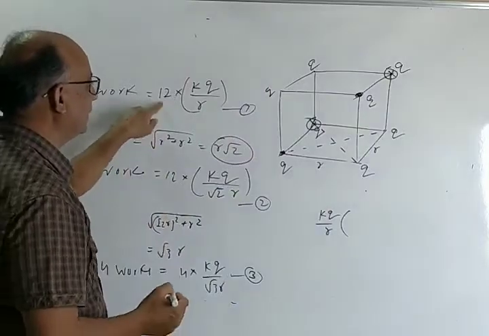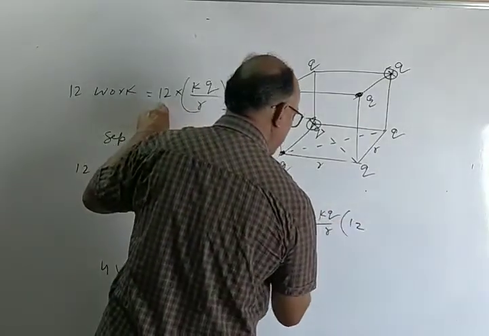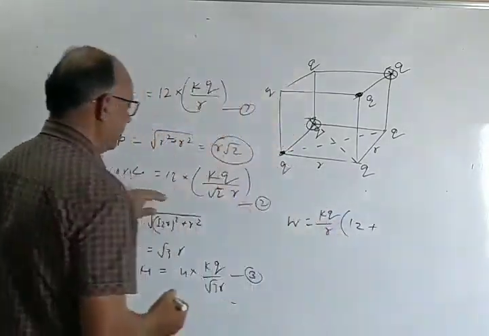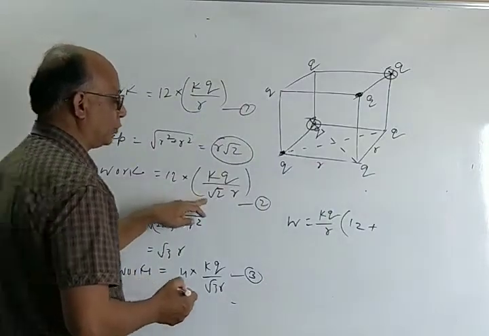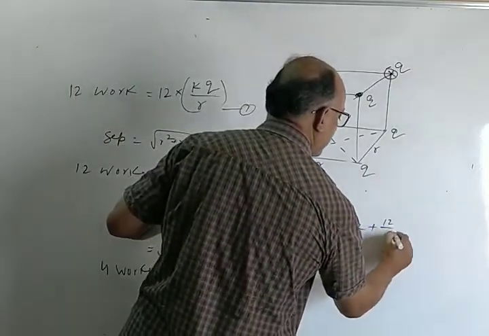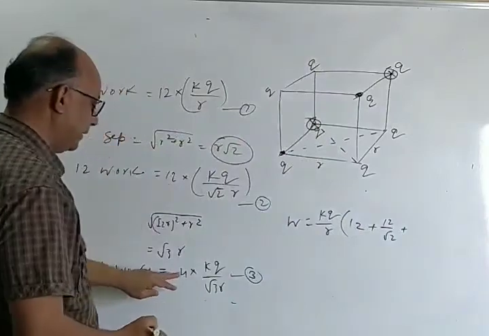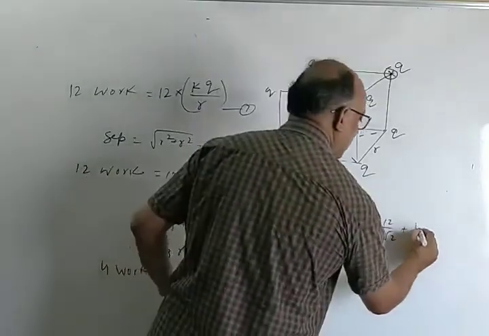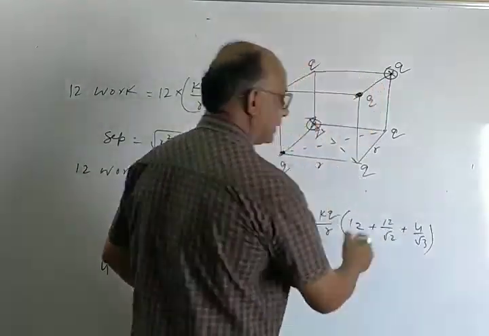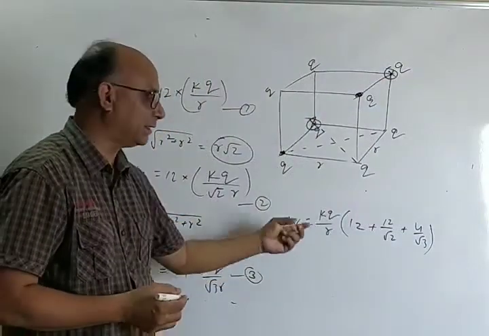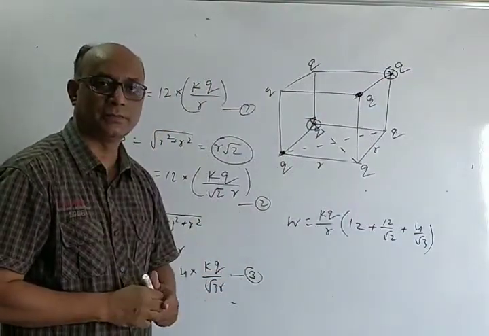What is left is here 12, plus what is left here is 12 upon root 2. And what is left here is 4 upon root 3. You can simplify this. This is the work done and this is the total potential energy of the system.